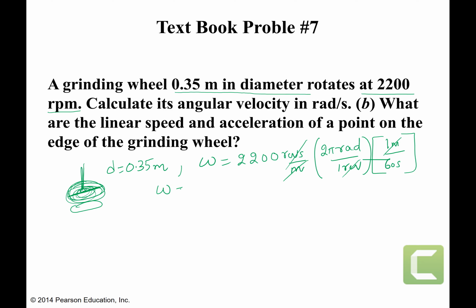My omega in radians per second is 2200 multiplied by 2 pi radians and divided by 60 seconds, which is equivalent to 230.4 radians per second.